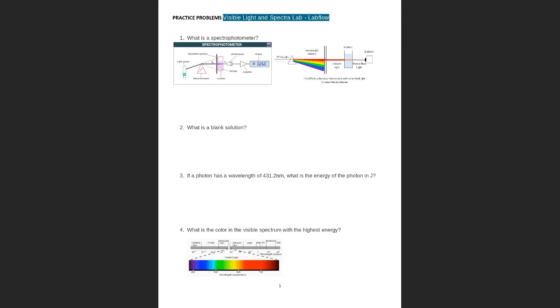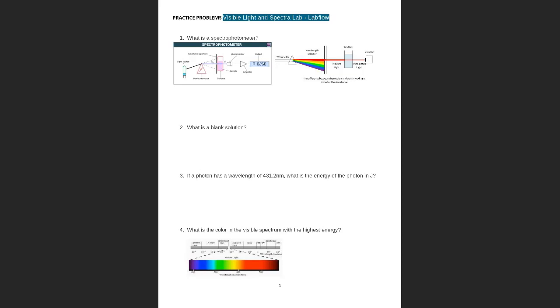So here you see a diagram of how the spectrophotometer works. Basically, you have the white light, and then you have a prism that will separate all the different lambdas. And then you will pick one, in this case the red one, the red color, and the light will pass through the sample. Then you have a detector and you will know how much of that specific wavelength the solution absorbs.